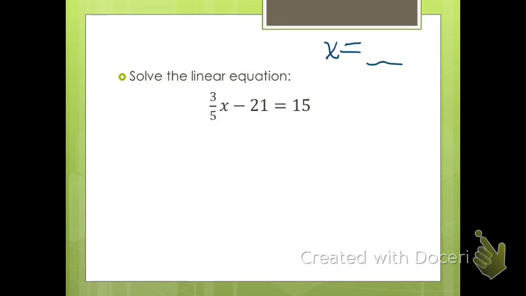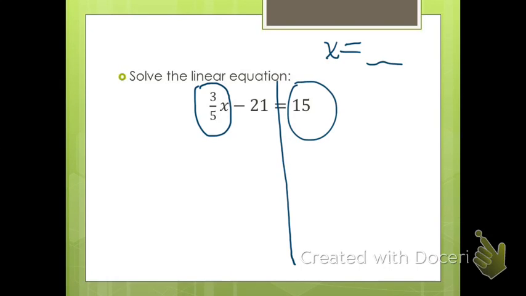We can use any of the properties of equality, but sometimes one thing is better than the other. So what we tend to want to do is to gather all of the terms that have x on one side of the equal sign and all of the constant terms on the other side of the equal sign.